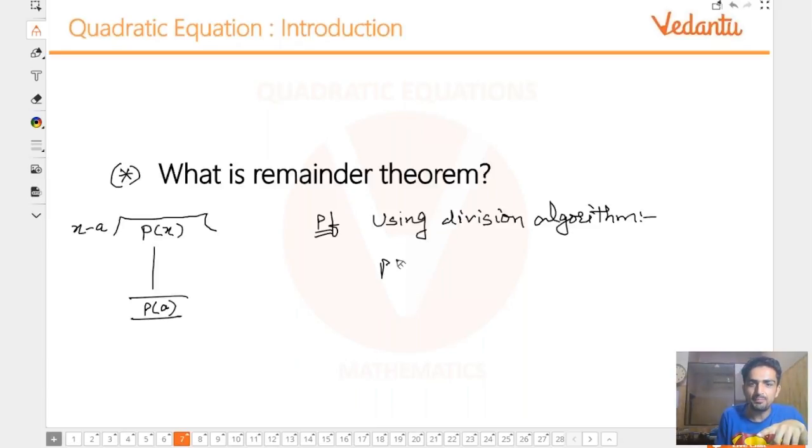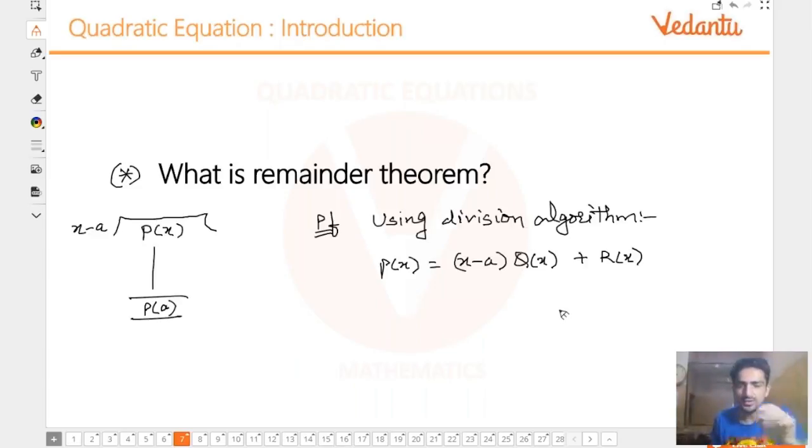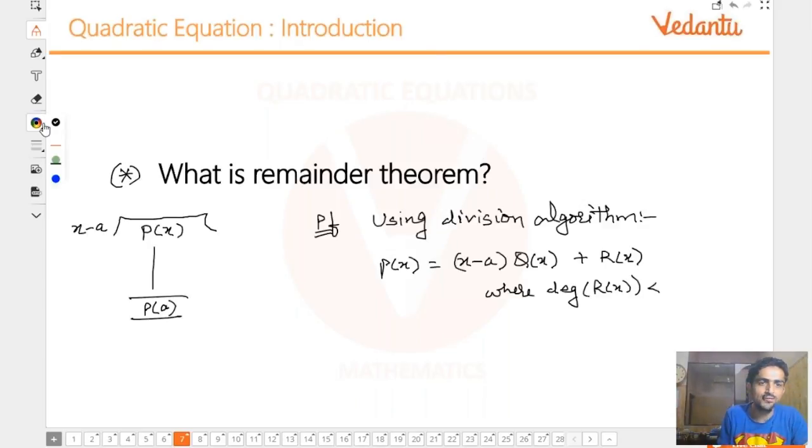When we divide p of x by x minus a, we will get some quotient and some remainder. This is the division algorithm, and it also states that the degree of the remainder is less than the degree of the divisor. That is obvious. The degree of the remainder will always be less than the degree of the divisor, the degree of x minus a.